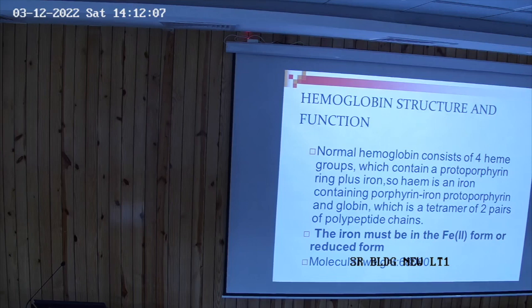The question may be asked: write the biosynthesis of hemoglobin, or the formation of hemoglobin. Hemoglobin appears for the first time at the intermediate normoblast, one of the stages of erythropoiesis.